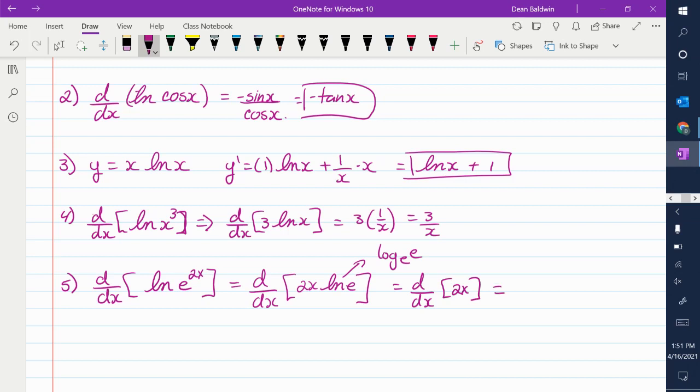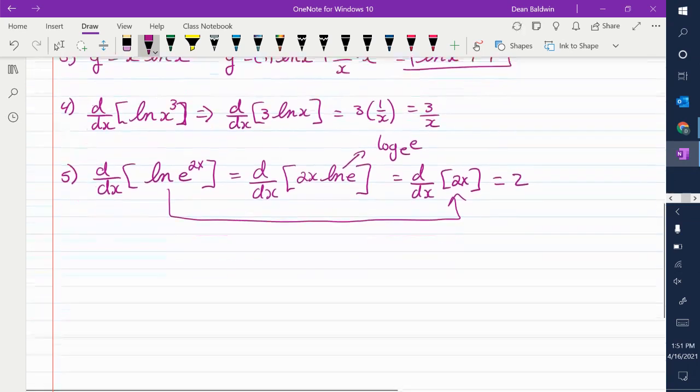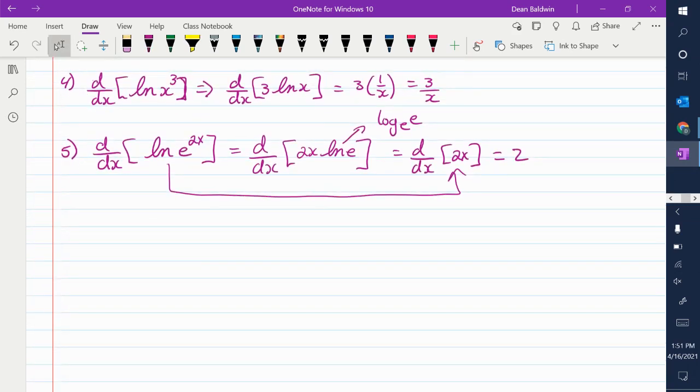What's the derivative of 2x? 2. You could have done that from here and just gone straight to there. If you see natural log of e, you know the answer is just whatever that exponent is, and then just derive the exponent to get 2. Okay?